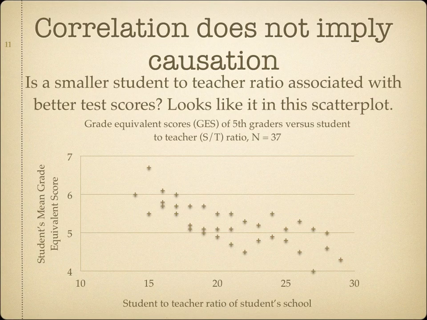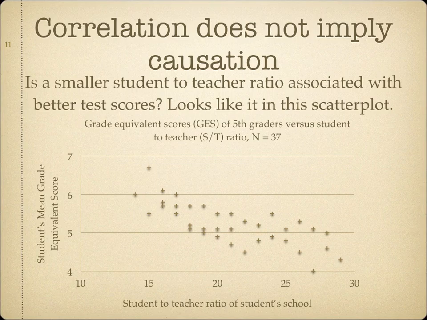And let's suppose it looks like this scatter plot. This is not real data. This is fake data. But each of those crosses in the scatter plot represents a student who scored what we call a mean grade equivalent score on a reading test, and they're all fifth graders. And also what the student-to-teacher ratio of the school that student is attending.